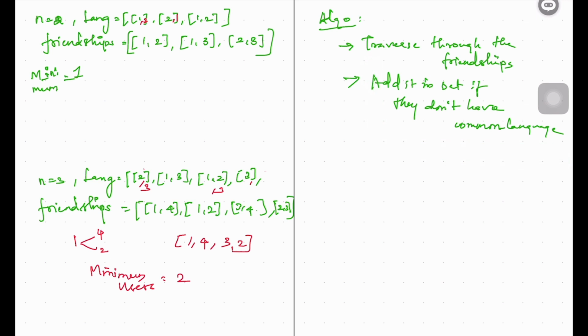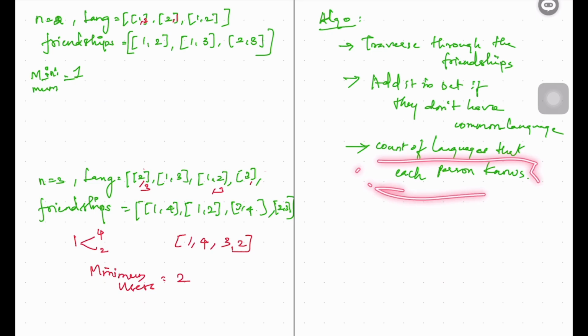Then once you know the common language is not present, we'll be taking count of the languages that each person knows. So the maximum count will be the language that the maximum people know.